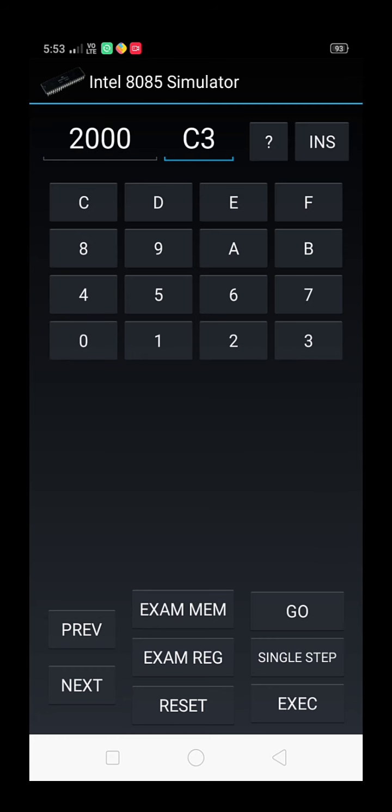The first instruction is LDA, for that the opcode is 3A.